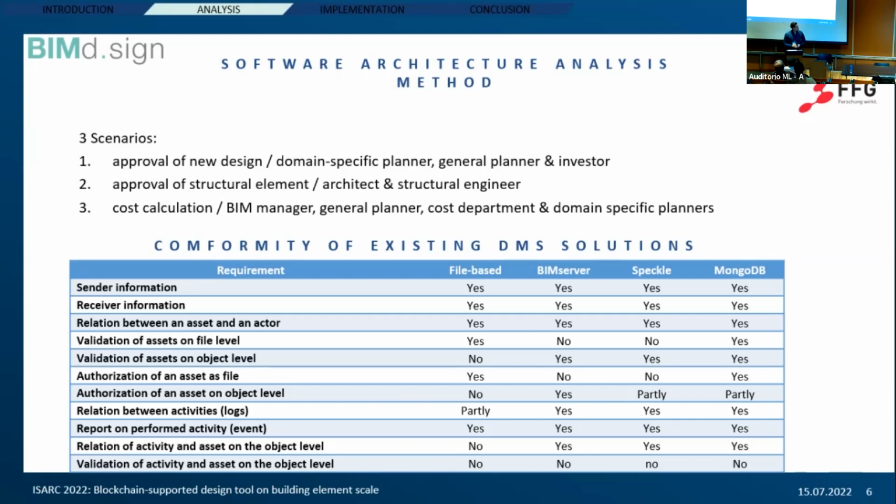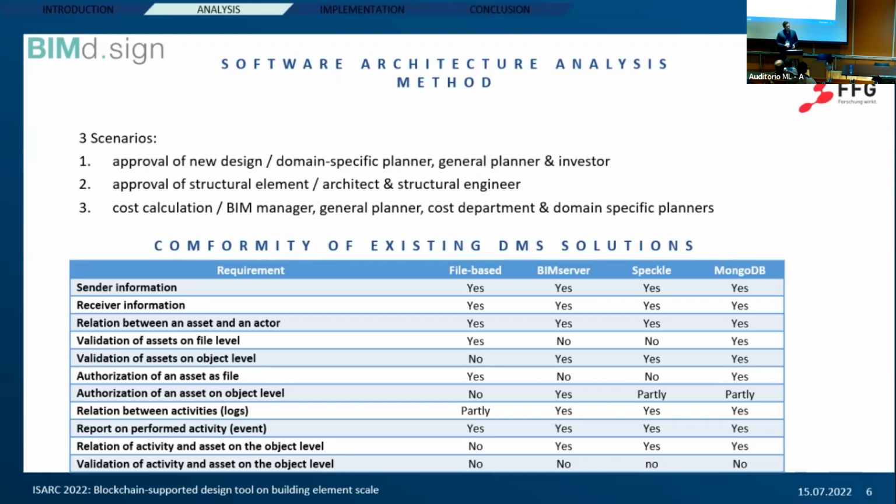And then we identified 11 requirements, which are sender information, receiver information, relation between an asset and an actor, validation of assets on file level, validation of assets on object level, authorization of an asset as file, authorization of an asset on object level, relation between activities, report on performed activity, relation of activity and asset on the object level, and validation of activity and asset on the object level.